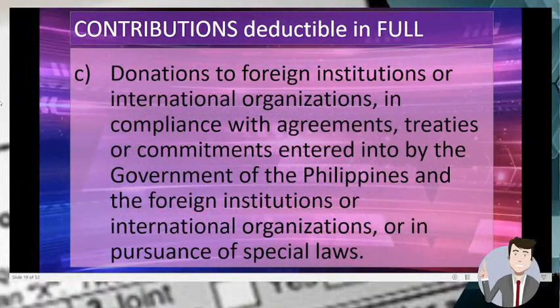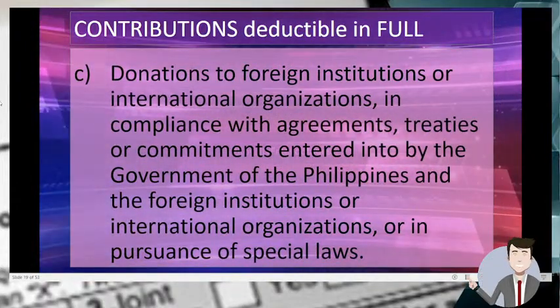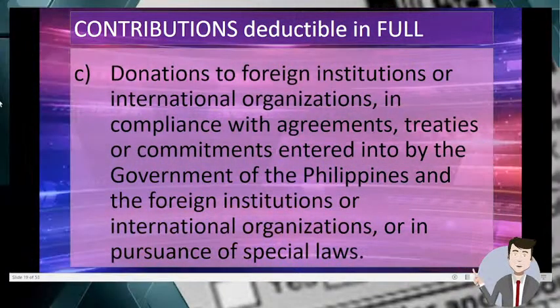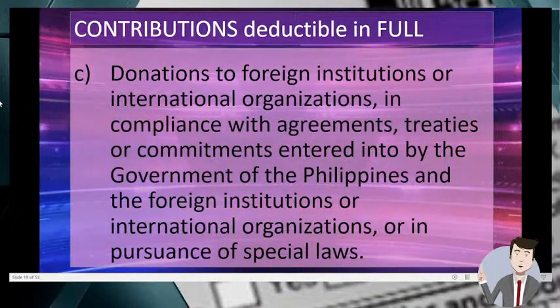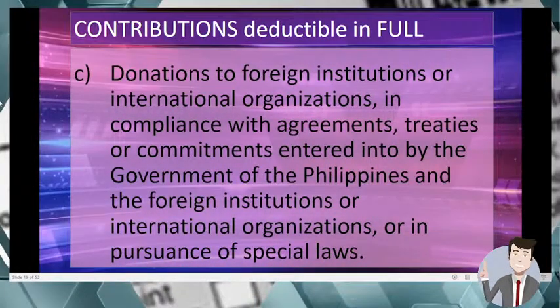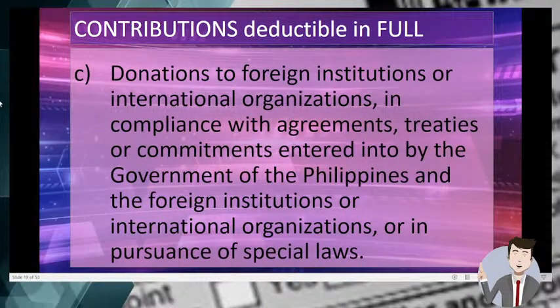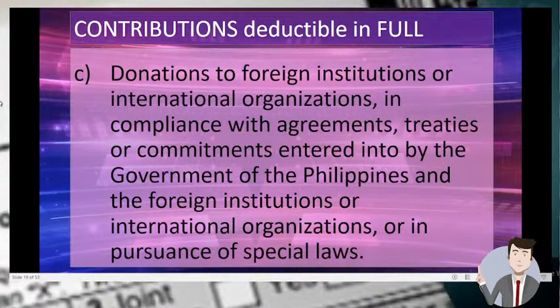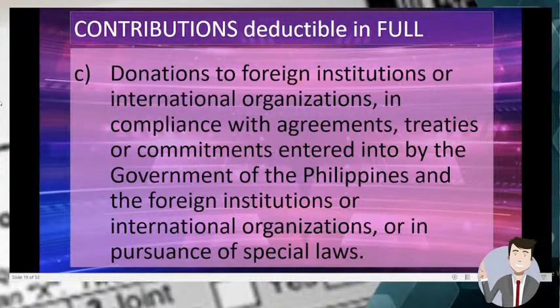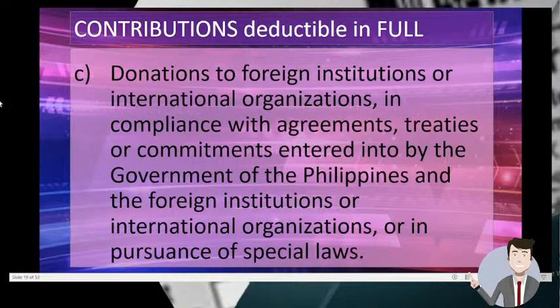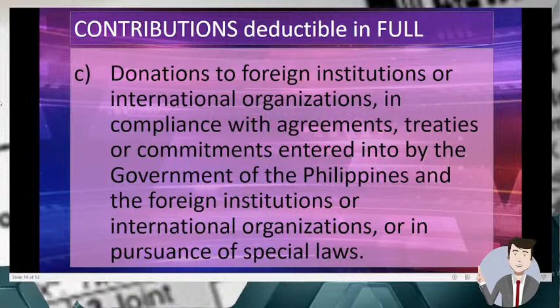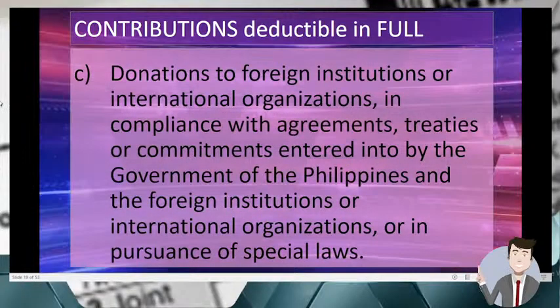We have letter C. So, donations to foreign institutions or international organizations in compliance with agreements, treaties, or commitments entered into by the government of the Philippines and the foreign institution or international organization, or in pursuance of special laws.